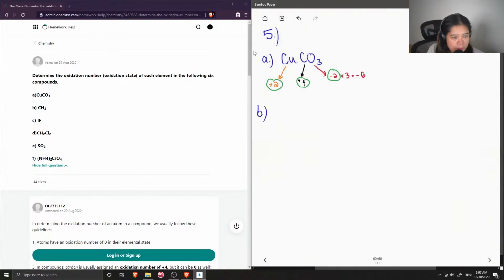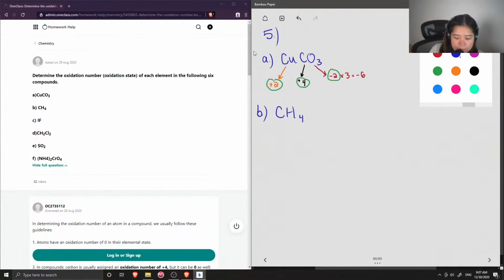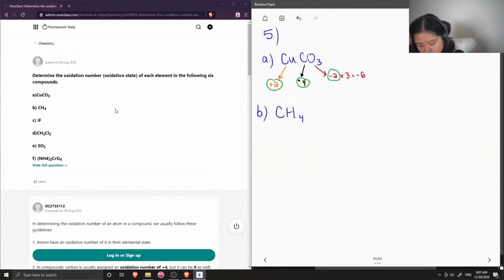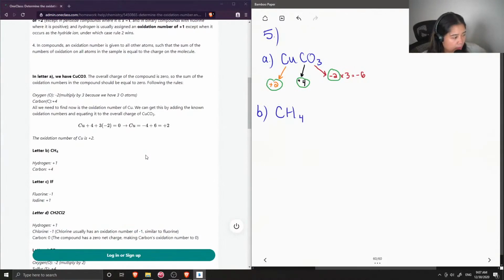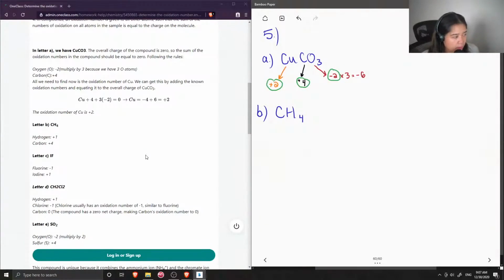Now let's look at B. We just have methane. Yeah, I was wondering about this.